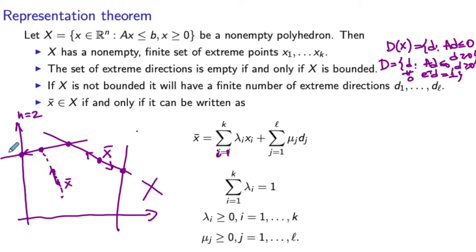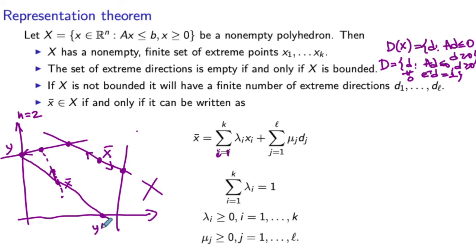Okay, so now that we obtained this extreme point, let's call it y, we can move in the direction x bar minus y, and we can shoot a ray from y towards x bar, and again we are going to hit the boundary of our feasible region. Alright, so say this is some other point that we'll call y prime. So then x bar is a convex combination of y and y prime.